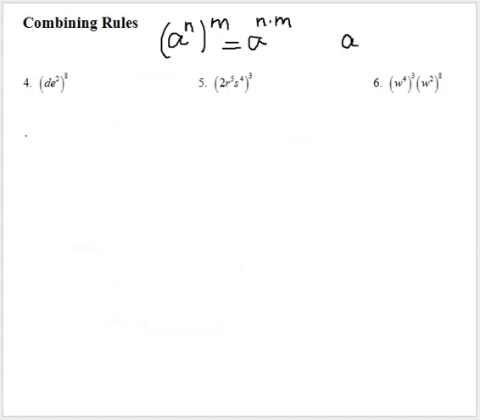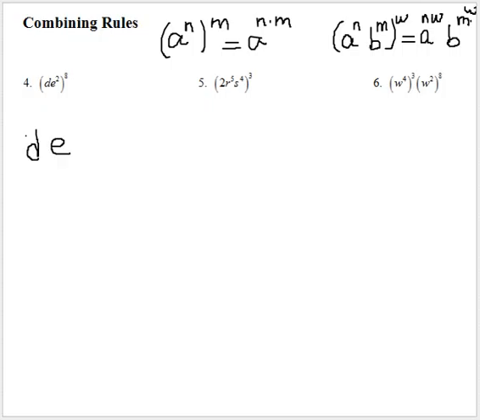So if I have a to the power of n, b to the power of m, all to the power of w, for instance, that would be a to the power of n times w, b to the power of m times w. Just multiply.